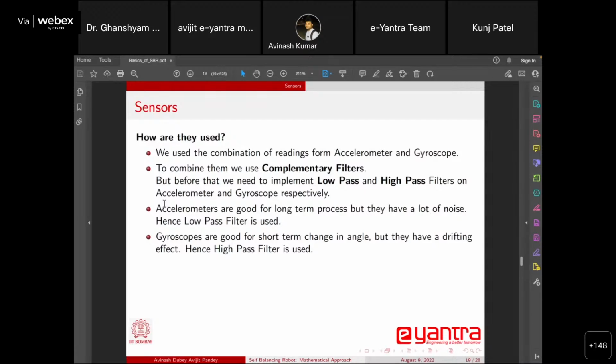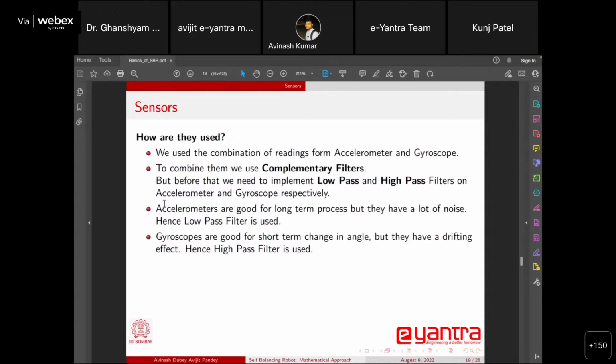So to eliminate those noises, we implement some types of filter. For accelerometer data we implement a low pass filter, and for gyroscope data we implement a high pass filter. And at the end, we combine whatever readings come out of those filters using a complementary filter.